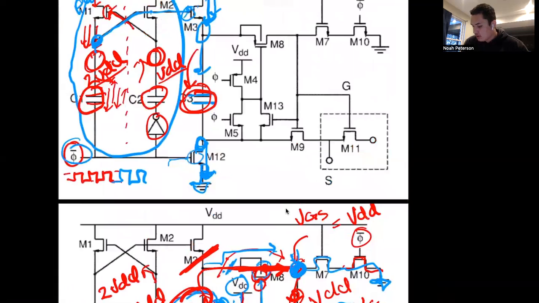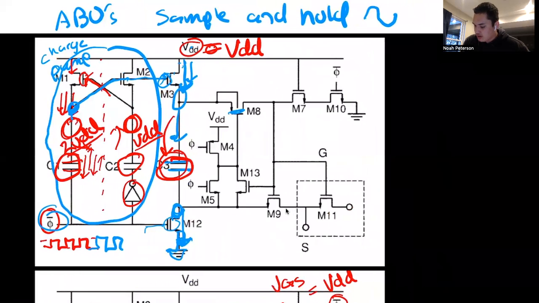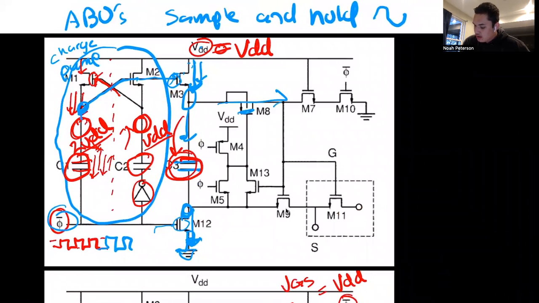And for this last little part here, for this transistor, we just want it there so we can pull that PMOS gate to its lowest potential in the circuit.